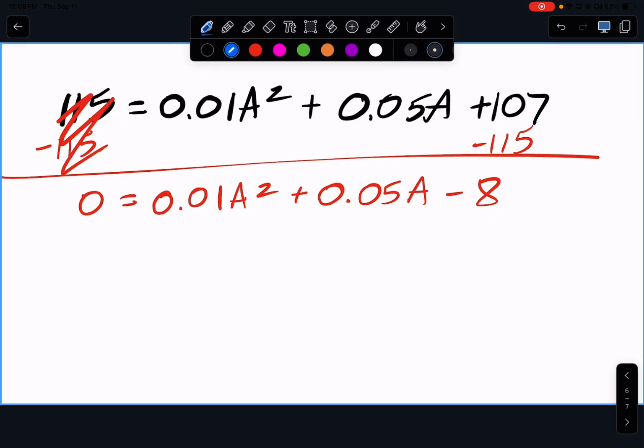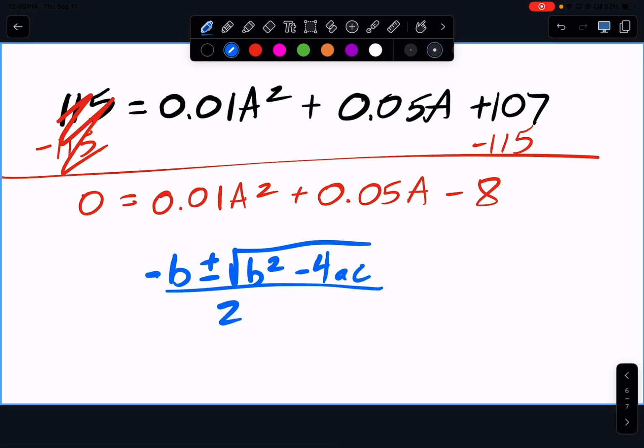For those of you that don't remember, quadratic formula is negative b plus or minus the square root of b squared minus 4ac all over 2a. So what you're going to have to do is put your pencil in your hand and plug those values in. This is our B, this is our A, this is our C.